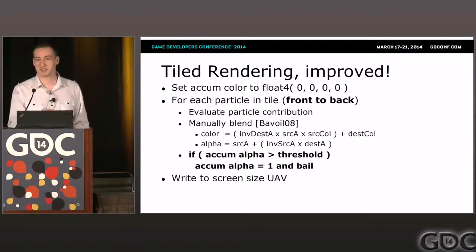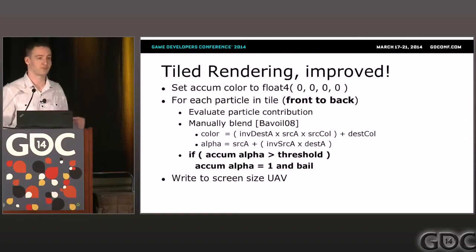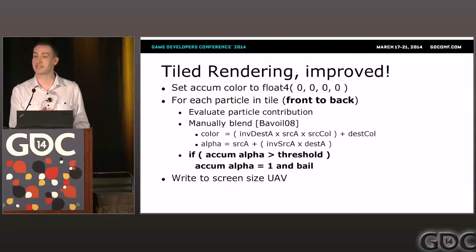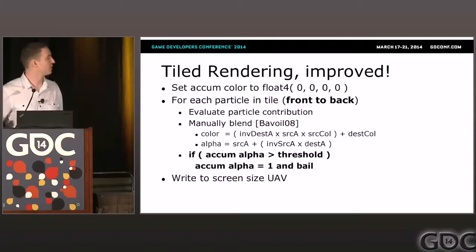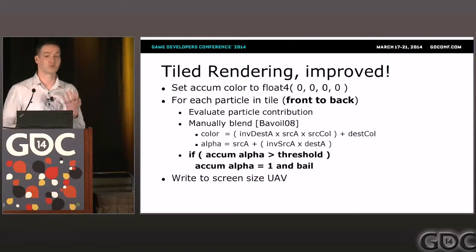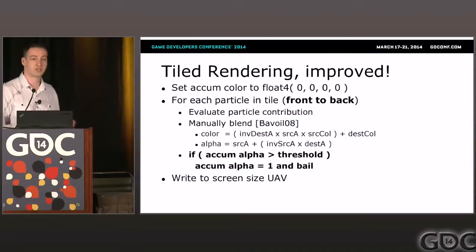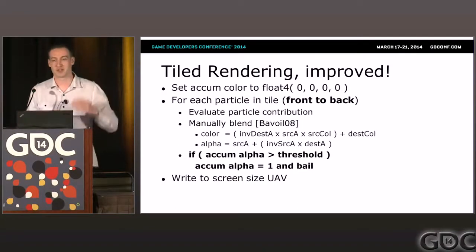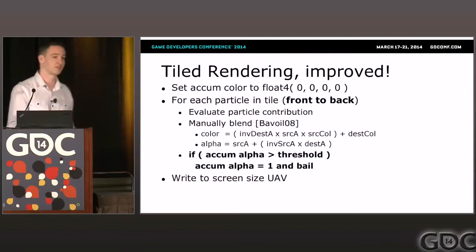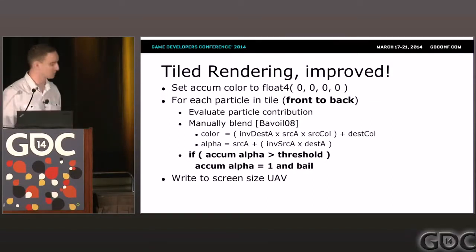The important thing to note is we can keep track of the opacity of the accumulated pixel, and once it starts to approach opaque, you can bail out of that loop. If the frontmost particle was opaque, you'd evaluate that one first, and then you could bail out of that loop, and you wouldn't have to evaluate the next 100 or so particles behind it. So it's obviously a key optimization.